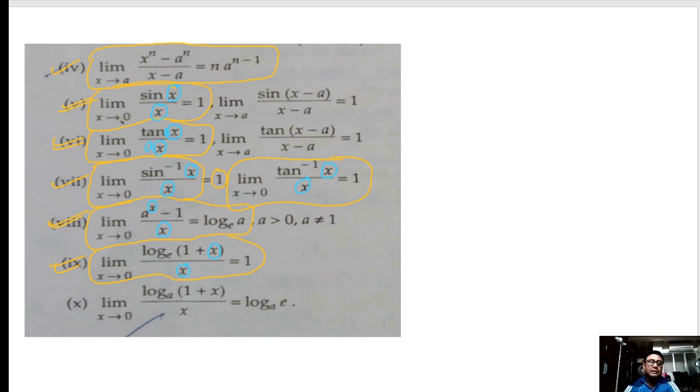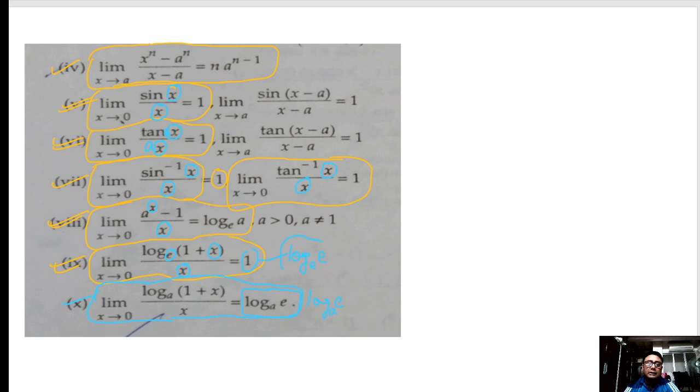Similarly, if I use this formula, limit x tends to 0, log e (1 plus x) by x is 1. But limit x tends to 0, log a (1 plus x) by x is log a e. Please remember that if it is log e, this 1 you can write as log e e, and if it is log a, you have to write log a e.